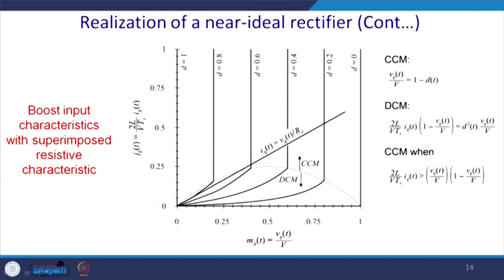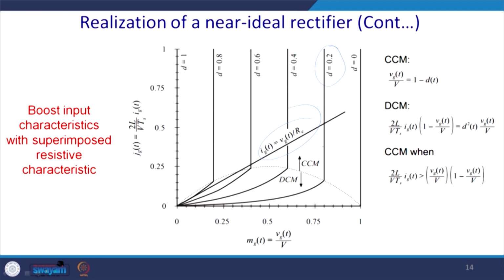Ultimately, this is the circle within which, after this, you can see that discontinuous conduction mode starts, and this is your load line that I was trying to draw. So, that is the Ig(t), that is Vg by Re. You can see that if duty cycle is 0, no questions. If duty cycle is 0.2, this is the boundary for the continuous and the discontinuous mode.